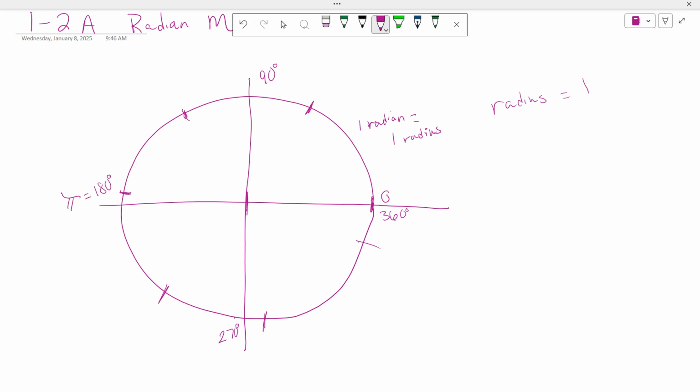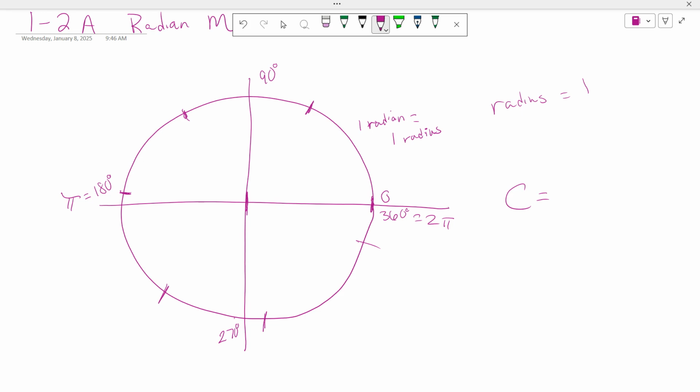So it takes about pi radians to go 180 degrees. And it takes about 2 pi radians to go 360 degrees. Because what is the circumference of a circle?